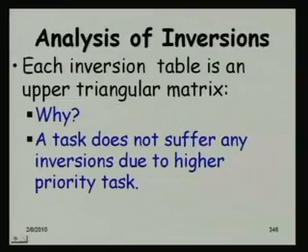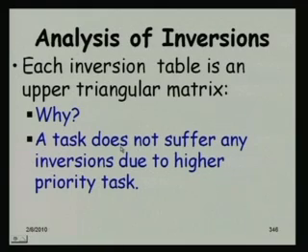Now all 3 tables will be upper triangular matrices. Why is that? For any task set you draw, you will find that the inversion tables are each upper triangular matrices. So they are sorted among the priorities.